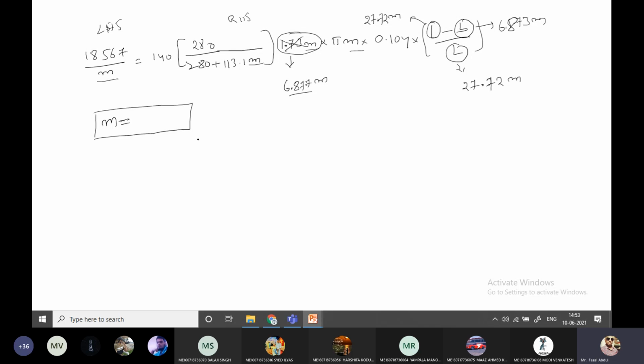Don't get confused. How I solve the answer, in the same manner we have to solve. Substitute all the values in the equation, then tell me the value. Get the value of M, module, how much?